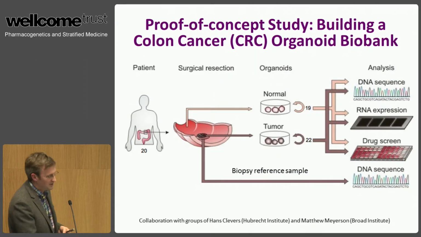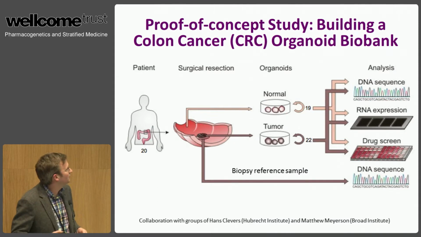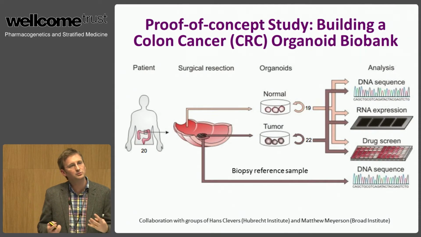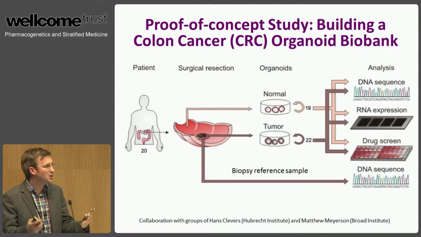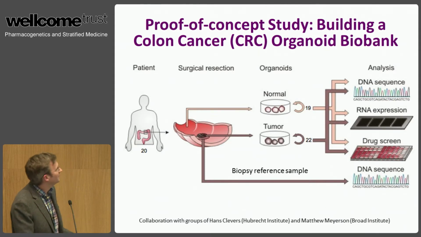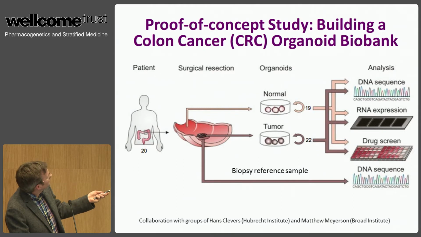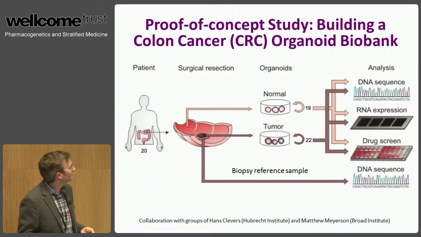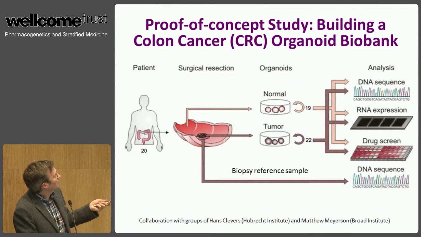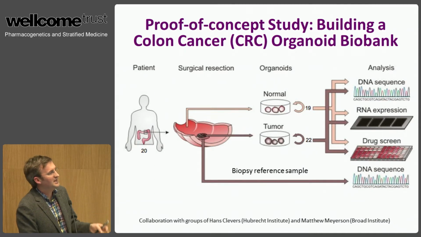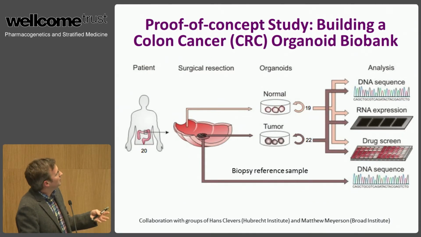Over the last couple years, we've had a very fruitful collaboration with the group of Hans Clevers and Matthew Meyerson to see if we could build what we would call a proof of concept biobank of these models for predictive modeling. And the idea is as follows. We took 20 patients and we received surgical resections from those patients. From those, we were able to derive organoids, both from the tumor as well as from adjacent normal tissue, and grow those in the lab.